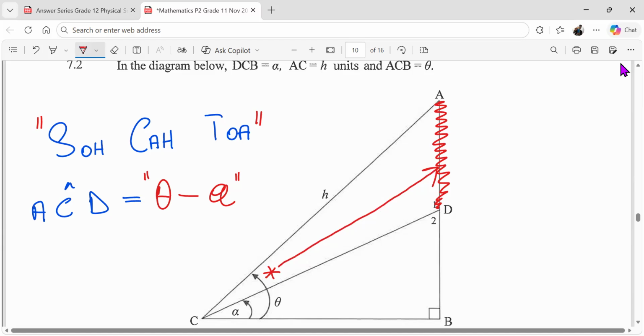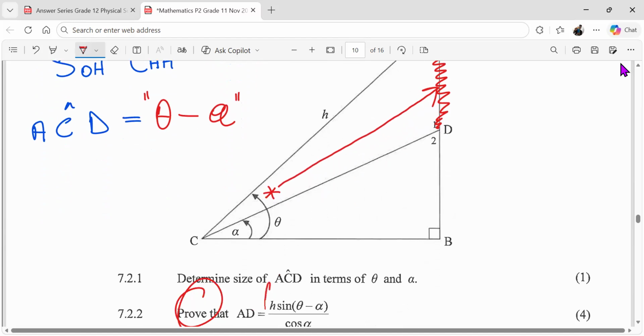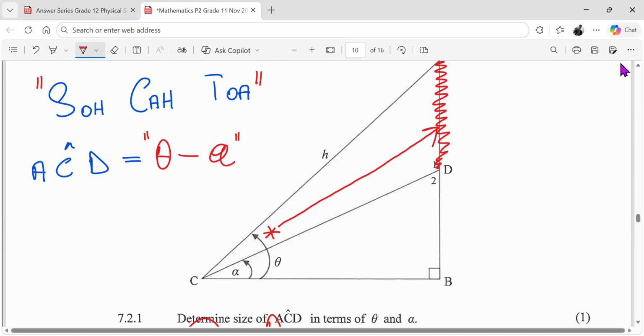Very well. But that's not enough. We also need to know another pair of an angle as well as a side opposite that angle. Now, since our answer has to have an h in it, then this means we need to use this pair.